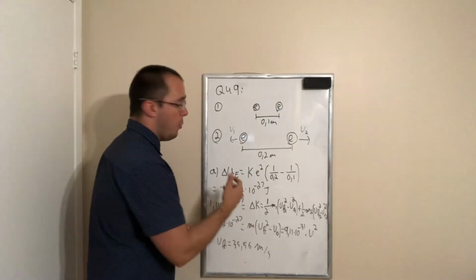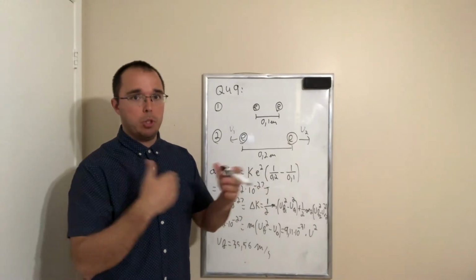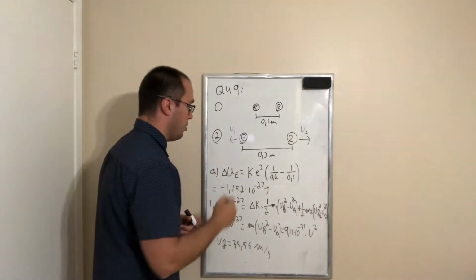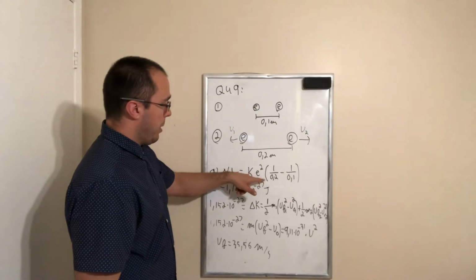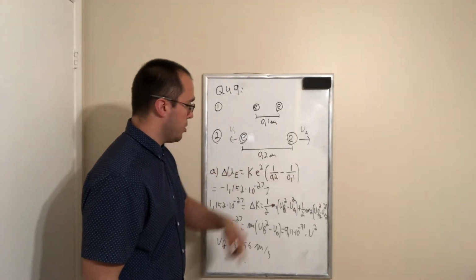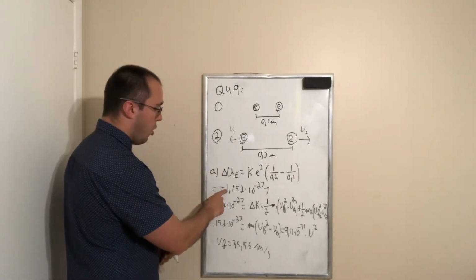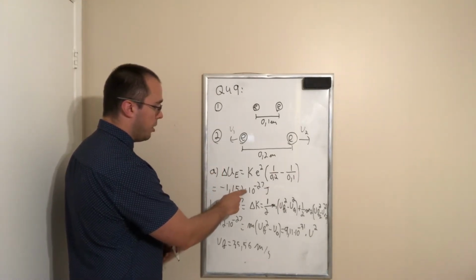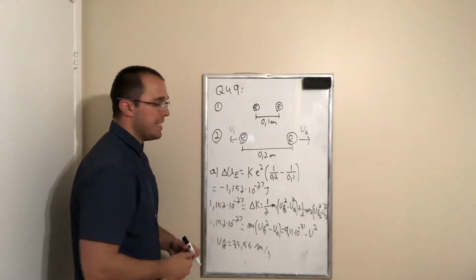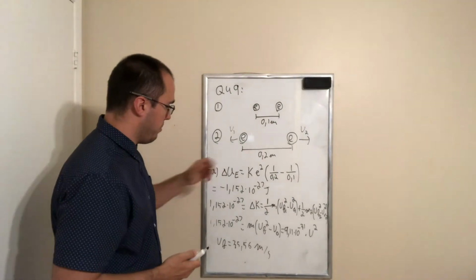Each of them has a charge of e, but since we have two of them, we multiply, it becomes e squared. We open the parentheses, 1 divided by the final position, minus 1 divided by the initial position, and we get a change in potential energy of minus 1.152 multiplied by 10 to the power minus 27 joule. That's our change in potential energy.